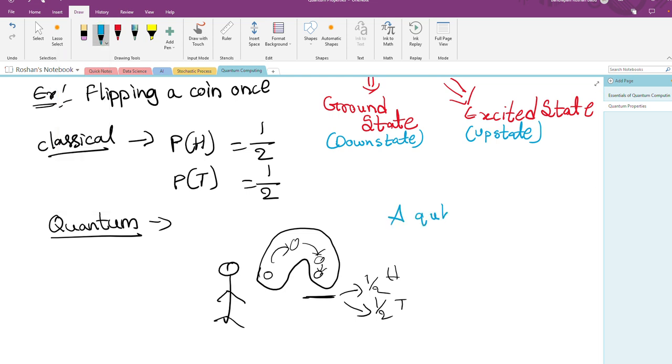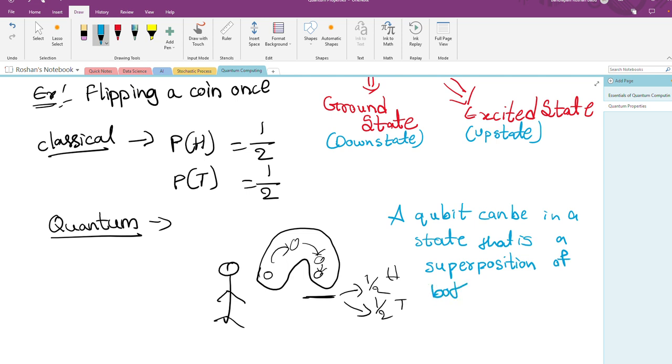A qubit can be in a state that is a superposition of both 1 and 0 simultaneously.